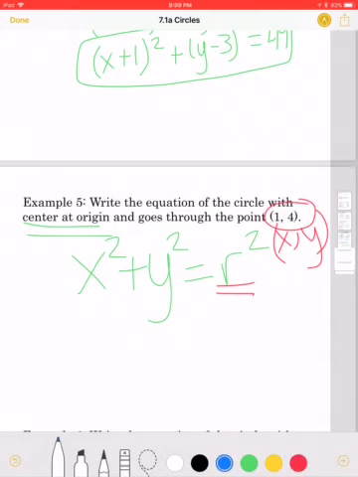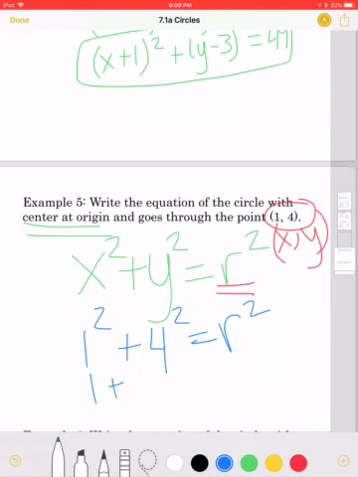So if I plug in 1 for x and 4 for y, I can use that to solve for r squared. So 1 squared is 1 plus 4 squared is 16. And that's 17. r squared equals 17.